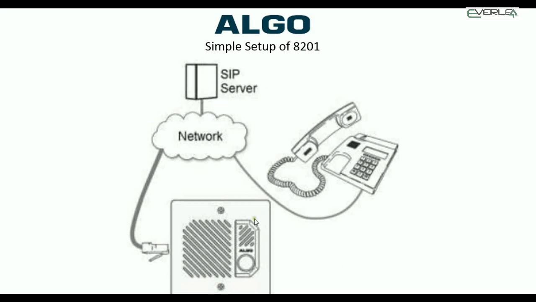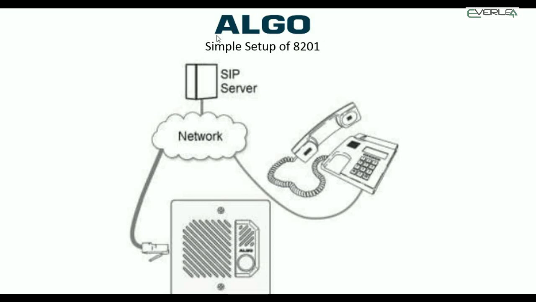You'd program it, and you could tell it to ring an extension or extensions in your building. Or it can be the same setup for a cloud environment. So there's no special requirement for the 8201 to work on a cloud or a local SIP server.